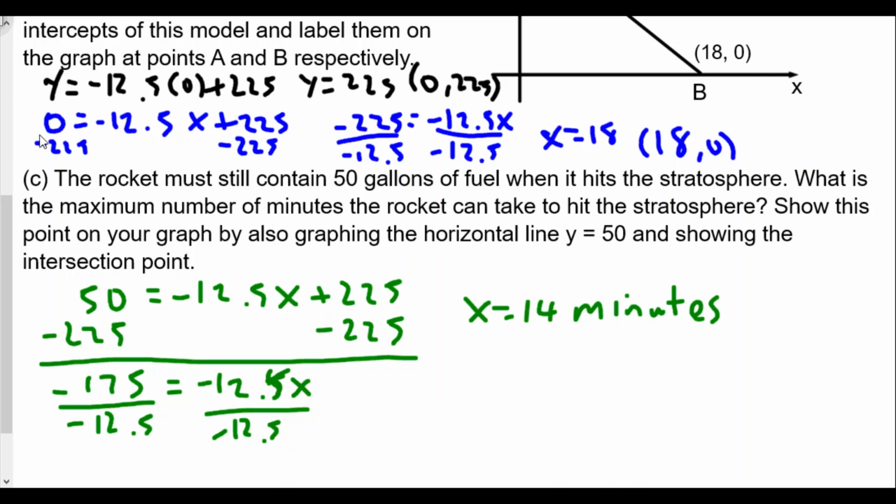This means the rocket can basically travel up to 14 minutes before it must have 50 gallons of fuel. So the maximum number of minutes the rocket can take to hit the stratosphere is going to be 14 minutes. So we'll just write this down here.